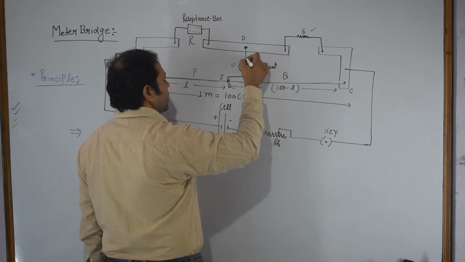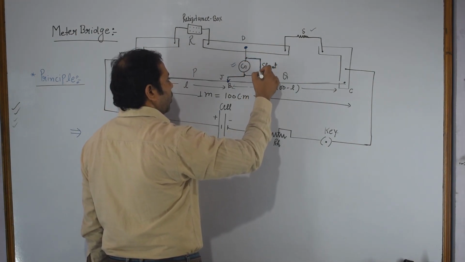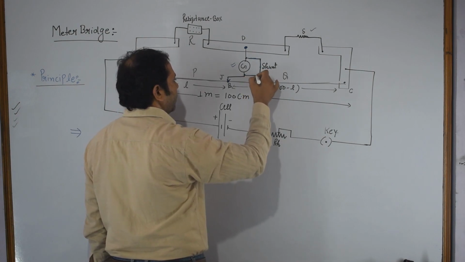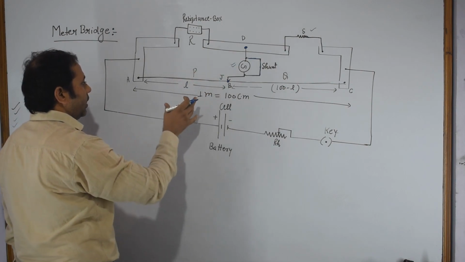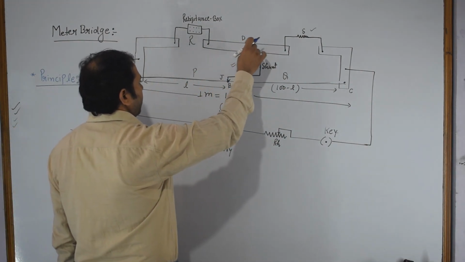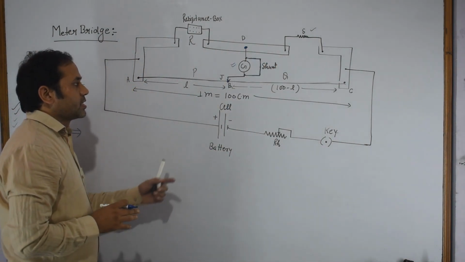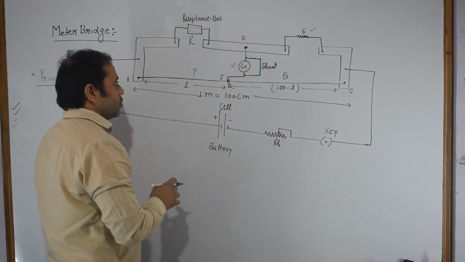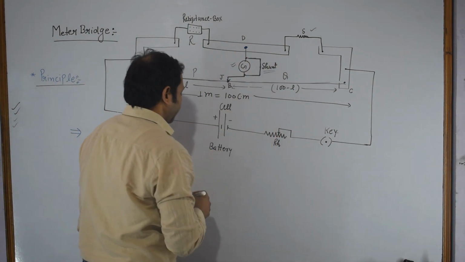We have used a shunt wire for protection of the galvanometer, because while measuring the length, sometimes you may get a maximum current in the galvanometer. So to protect the galvanometer, we use a shunt wire.